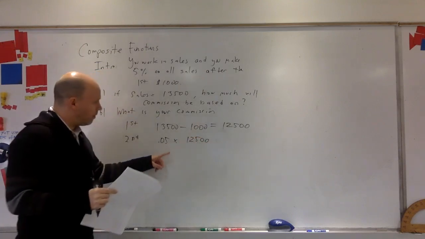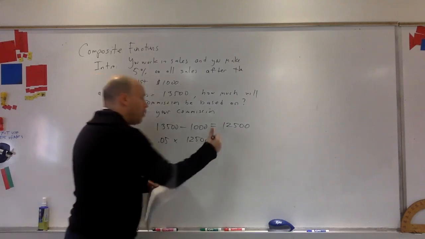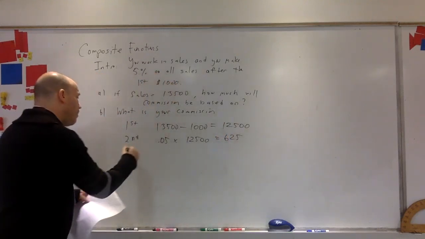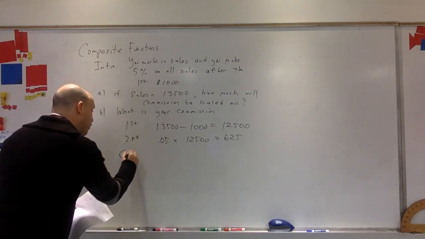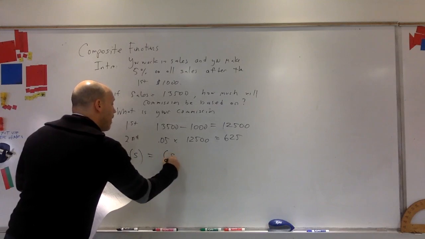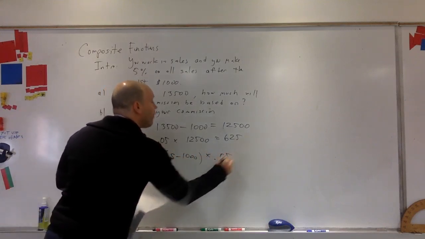Did you see what I did there? Your commission for the month is $625. So the commission based on sales is equal to S minus 1,000 times 0.05.